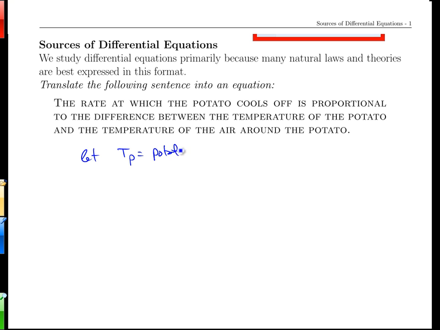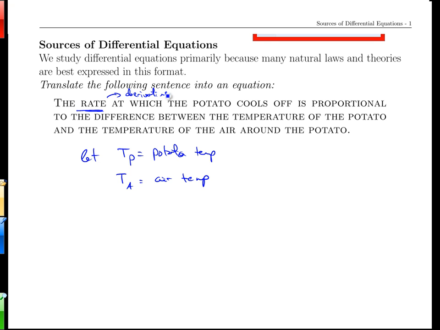So we have a number of variables here: potato, temperature, so in this scenario we have some potato temperature and air temperature, and the rate at which the potato cools off. Bingo. As soon as we see a rate here, we're talking about a derivative.